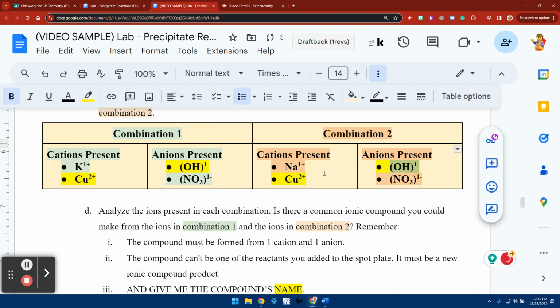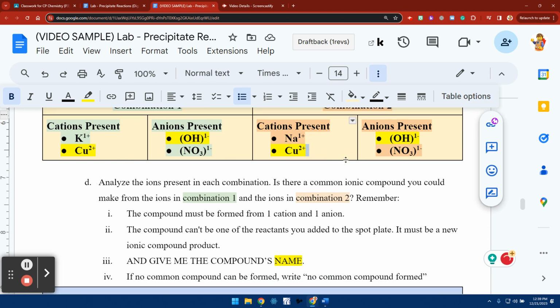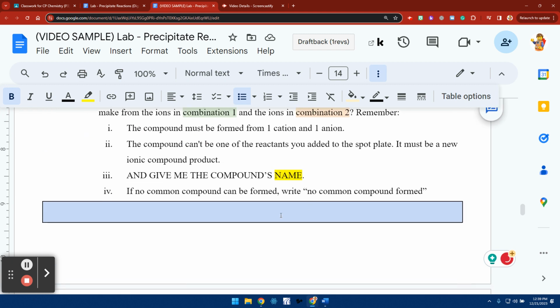So both of these combinations that made a dark blue compound were also able to produce copper 2 hydroxide. So that dark blue stuff, therefore, is copper 2 hydroxide. And so that's what you got to put down here: copper 2 hydroxide. You need the name and the formula.